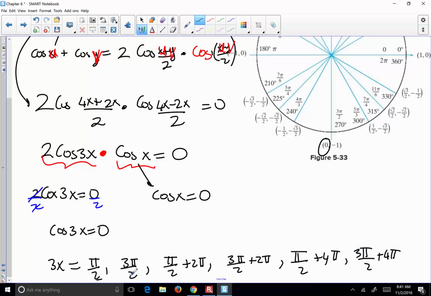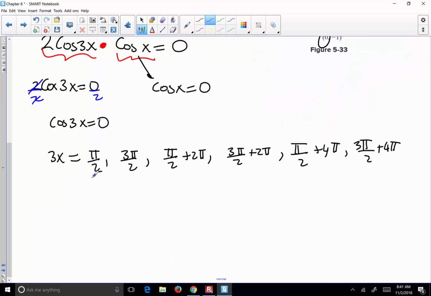I pick the pair from 0 to 360 first, and then I add another 2 pi and another 4 pi and take again. Because I'm going to divide them by 3 and they will still fall in that range 0 to 360. So this way we get 1, 2, 3, 4, 5 solutions. No, it should be 6. 1, 2, 3, 4, 5, 6.